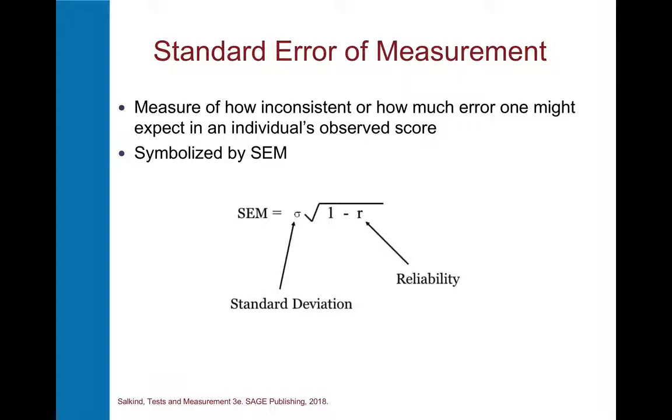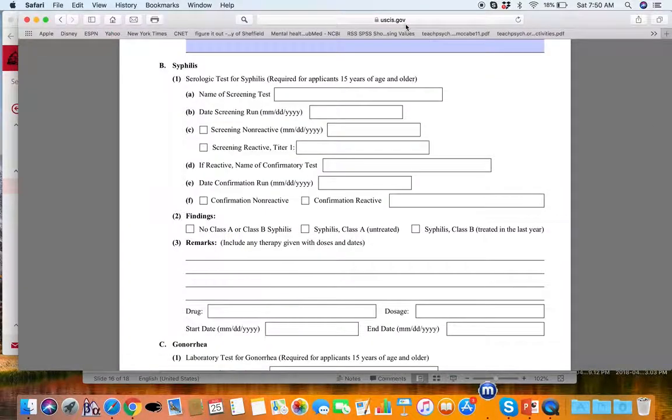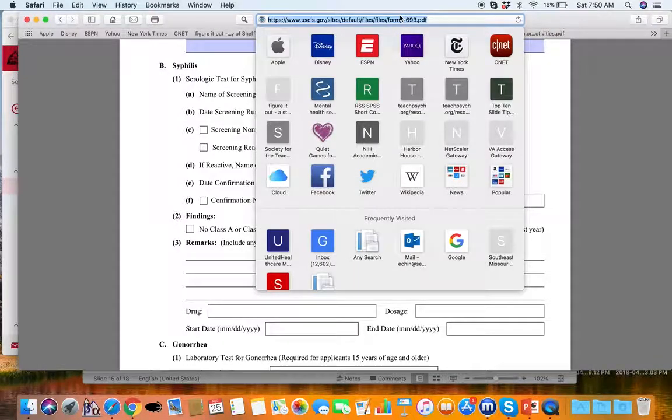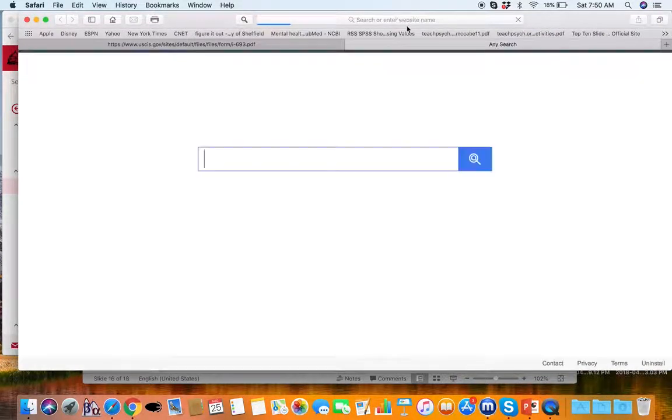So one standard deviation covers about 68% of all scores under a normal distribution. So that is actually towards the middle of the distribution. Tell you what, let me just Google that right now. Okay, normal distribution.